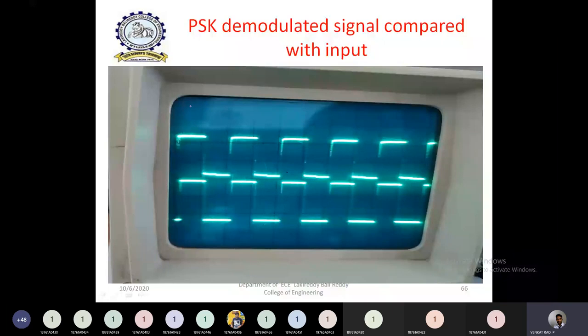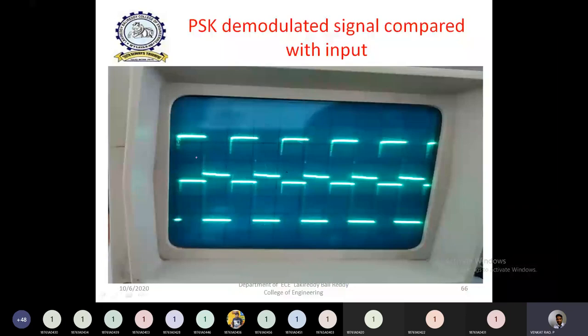I have already discussed in the previous class that one advantage of digital modulation technique is that you are able to perfectly demodulate the original signal. Unlike in analog modulation or analog communication, while demodulating the original sinusoidal signal, you cannot perfectly demodulate the signal.